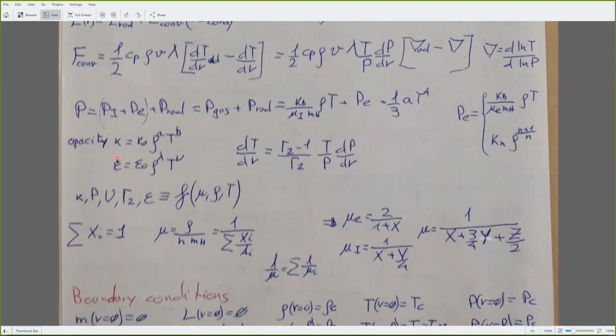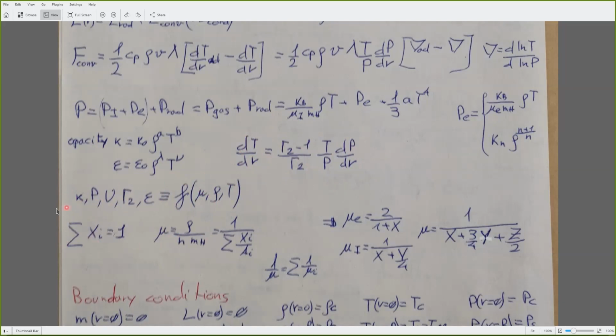This is the rate of energy production, in a similar way by this coefficient. Then the relation between the gradient of temperature and the gradient of pressure. In general, opacity, pressure, internal energy, and the coefficient of transformation, which in the case of gas is the adiabatic coefficient, are all functions of the atomic mass, the density, and the temperature.